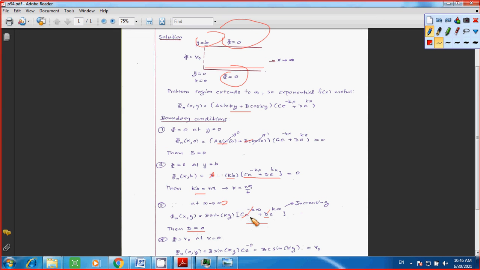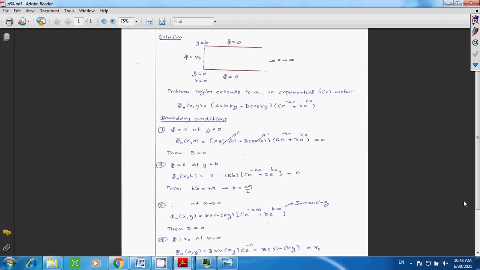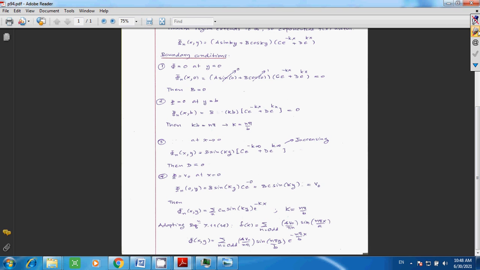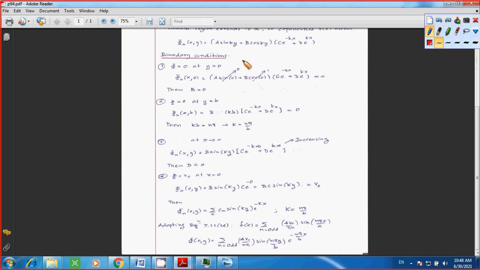This term is going to drop anyway for x equal to infinity. So you end up with only a sine ky and c term, so it becomes Cn sine ky exponential negative kx.